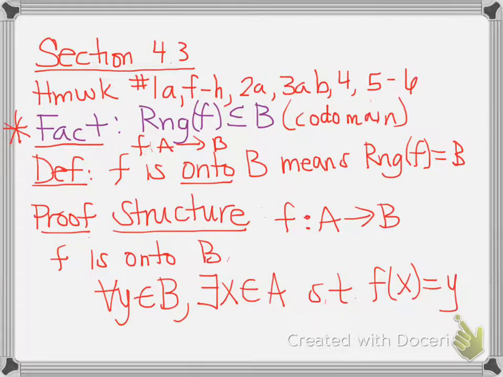I'm saying for any element you choose in B, there exists an element in A. And remember, in terms of quantifiers, that X will depend on that Y in most cases, and certainly in a lot of cases. There could be some cases where it's just a general term, and we'll talk about that. But in general, that X is going to depend on that Y, such that F of X is equal to Y.